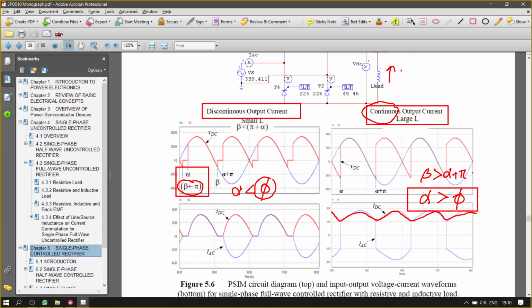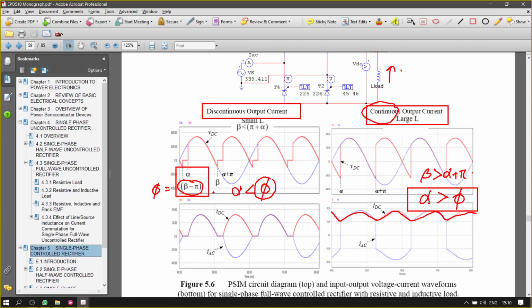Okay, this is equal to the load impedance angle. But only for the case of low L. If your L is very large, then sometimes you may not get the correct measurement.